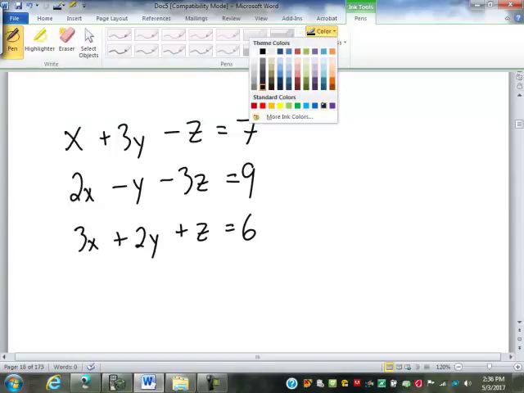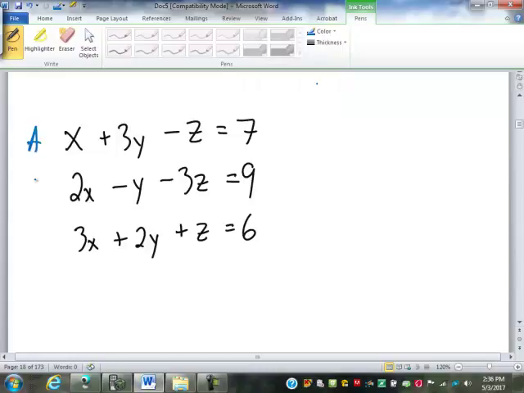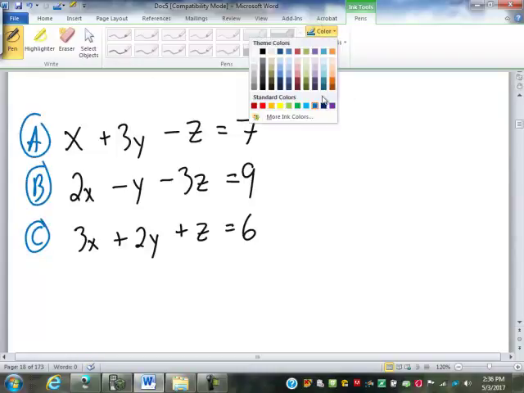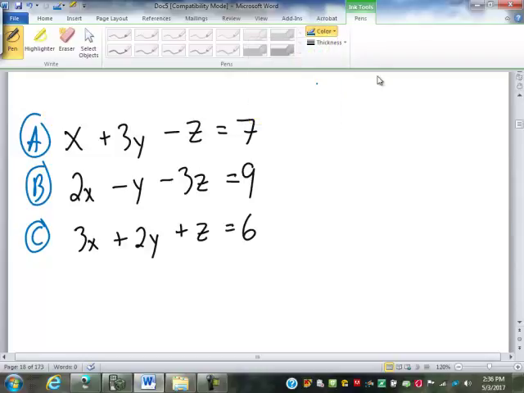Looking at this system here, I'm going to label them again, A, B, C. This here is a system where it would be really easy to solve for either x in the first equation or z in the last equation.